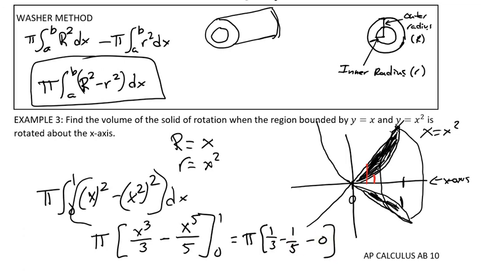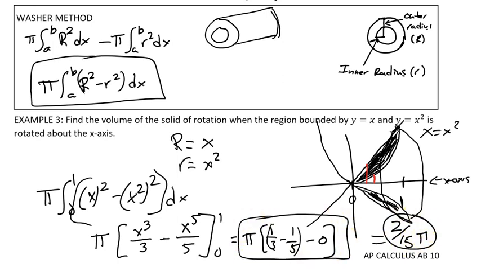I'm going to take it at least one step further: 1/3 minus 1/5 would be 5/15 minus 3/15, which is 2/15 pi. But again, on the AP test with a non-calculator, that would be an acceptable answer right there. Okay. In our next video, we'll look at some more examples of using the disk method and the washer method.